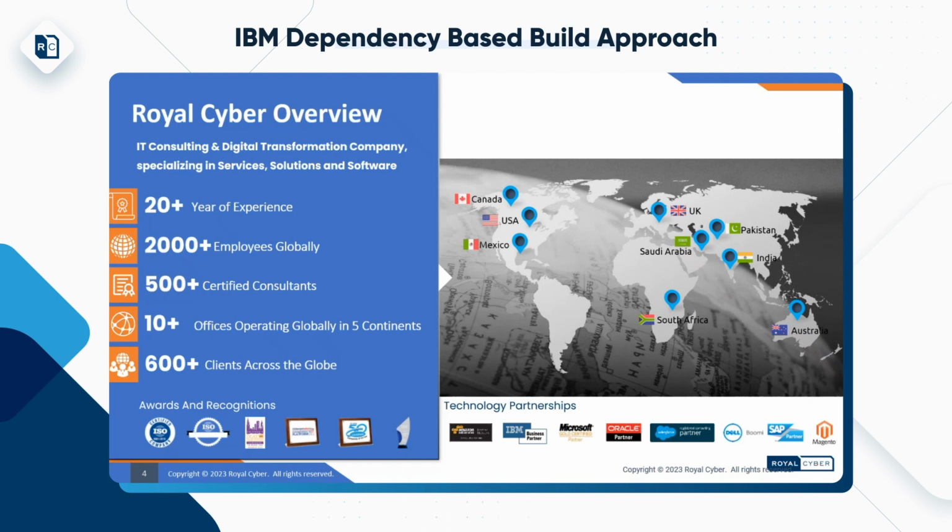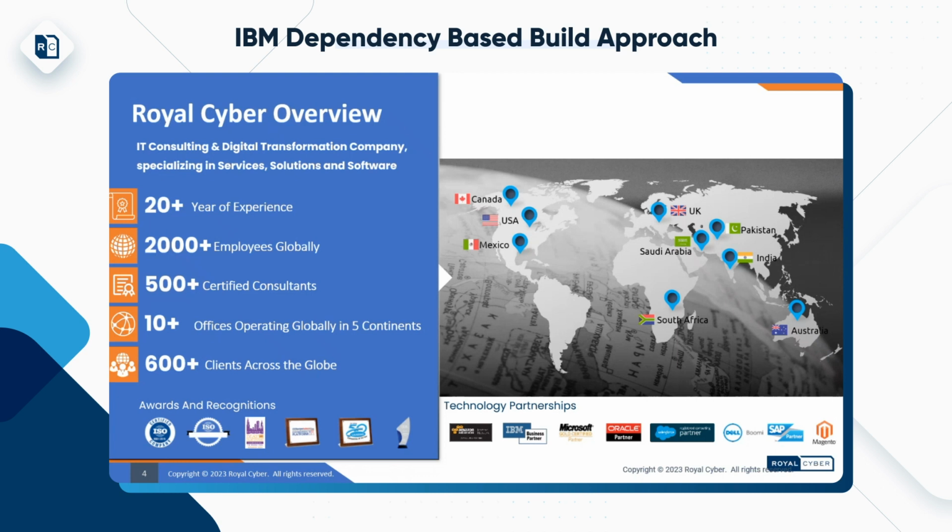Royal Saber is a fast growing IT consulting and digital transformation company specializing in IT services and solutions. We have more than 2 decades of experience, almost 2000 plus consultants across the globe, and we are headquartered in Naperville, Illinois, USA.